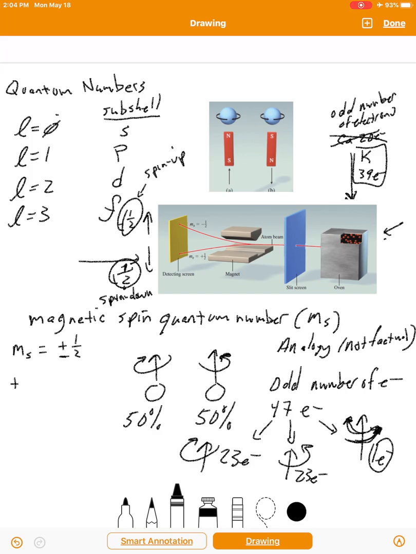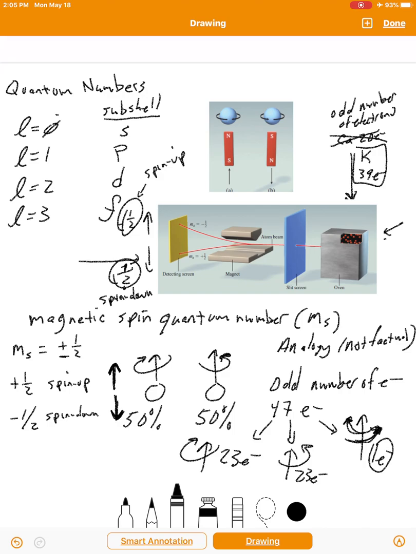If the spin is plus a half, we call it spin up, and we're going to represent it with an arrow pointing upward. If the magnetic spin quantum number, m sub s, is negative a half, we're going to call it spin down, and we're going to represent it with an arrow pointing downward.